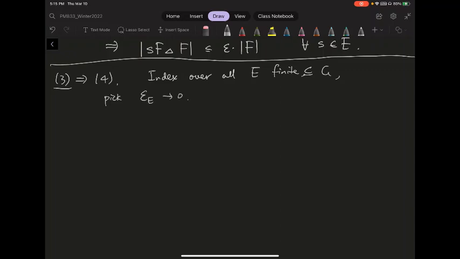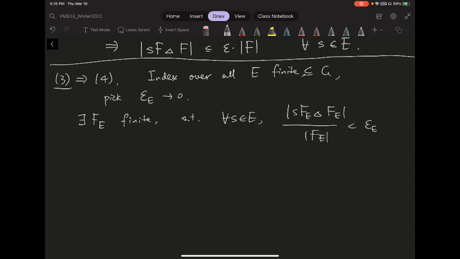For example, you take the epsilon E to be 1 over the number of elements, and by the Følner's condition, there exists a finite subset, say F_E, finite, so that for every S inside your E, the size of S F_E set difference F_E, divided by the size of F_E, is going to be less than epsilon E. That's for all S inside this finite set E. Because as your E moves along this net, this E will just contain everything.